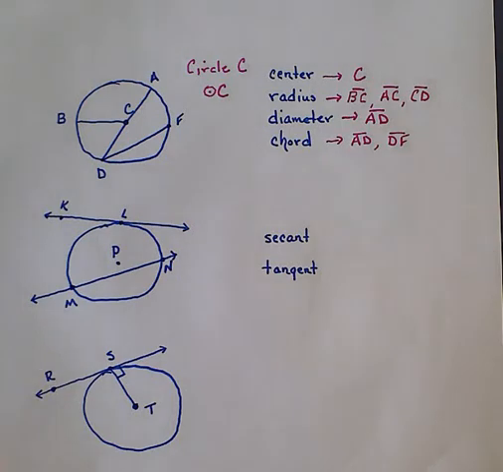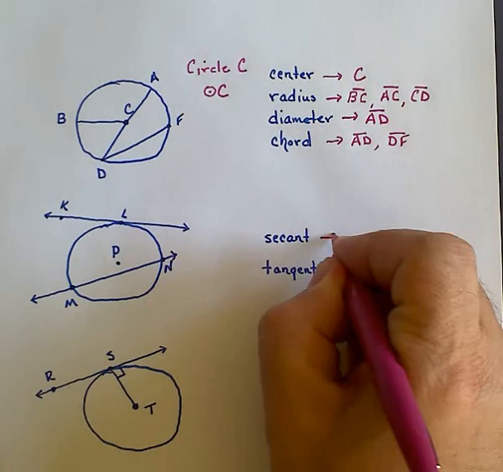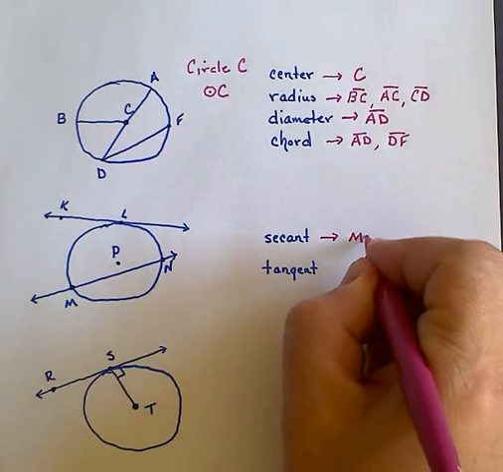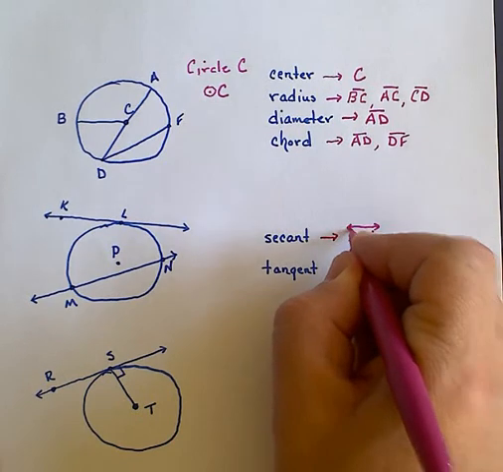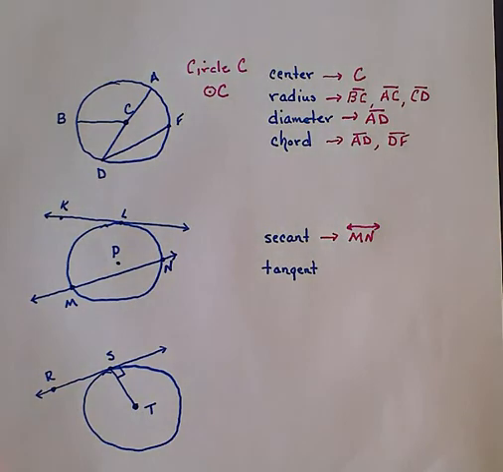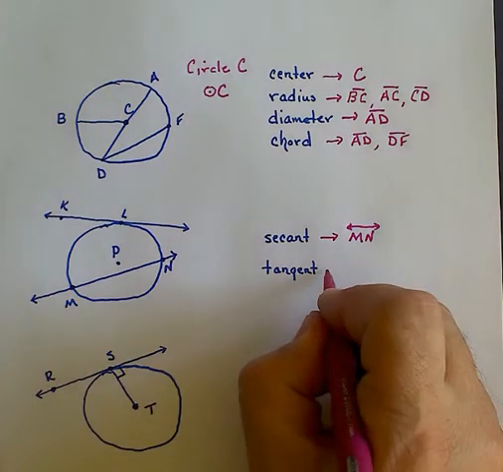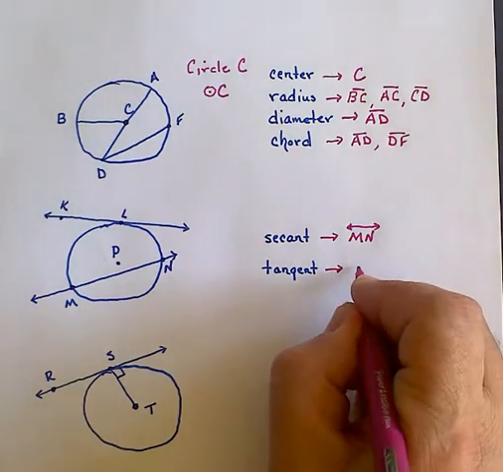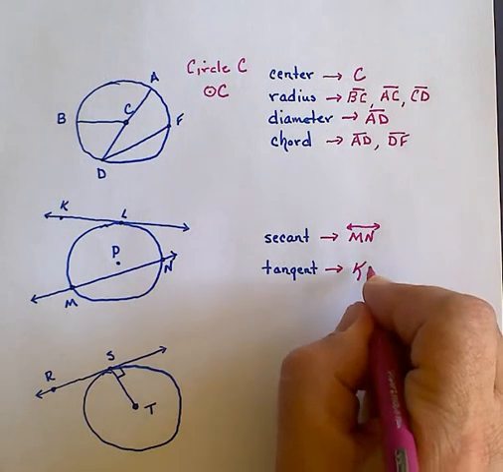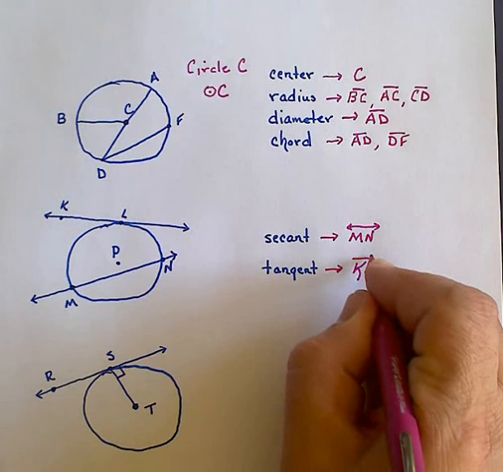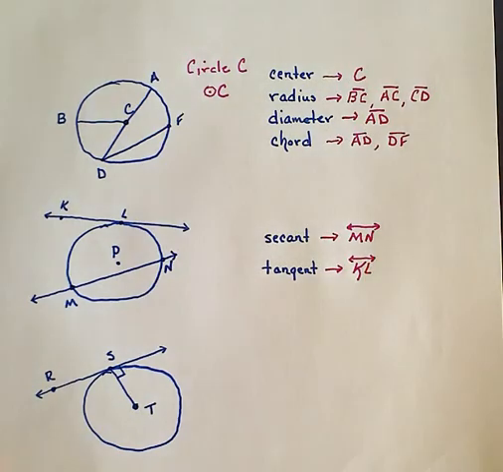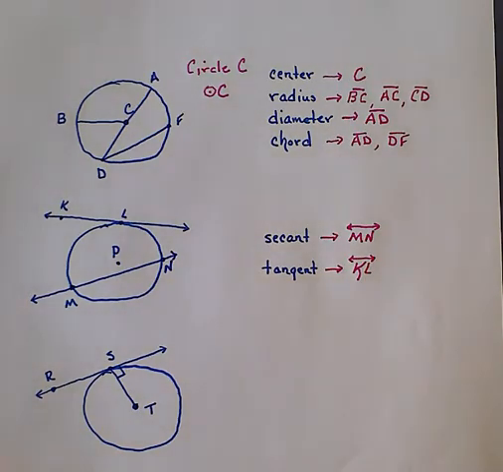So we would say that MN is a secant. Note the symbol now has arrows. A tangent will only touch the circle once. So we have examples of both of those.